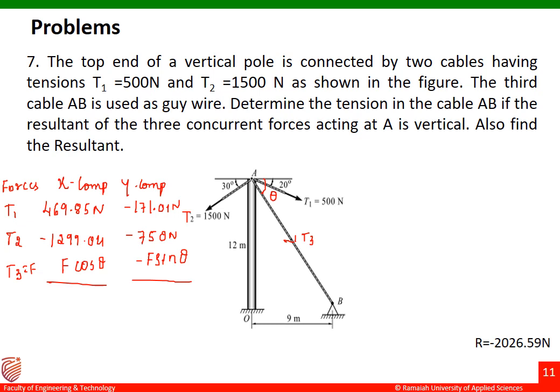So 469.85 minus 1299.04, we'll get the answer as F cos theta minus 829.19 Newton.